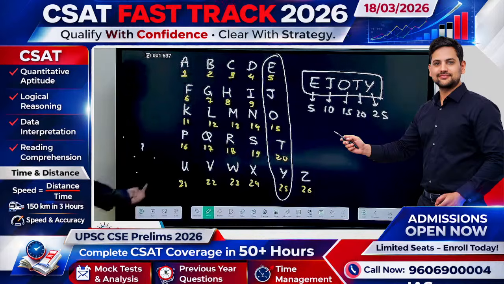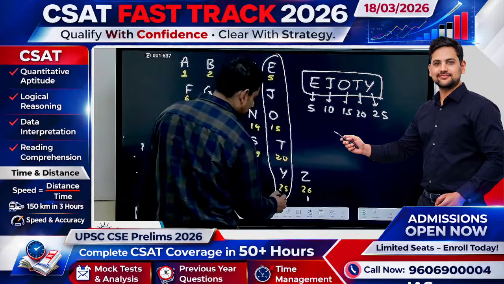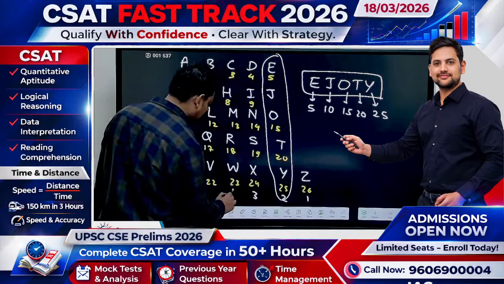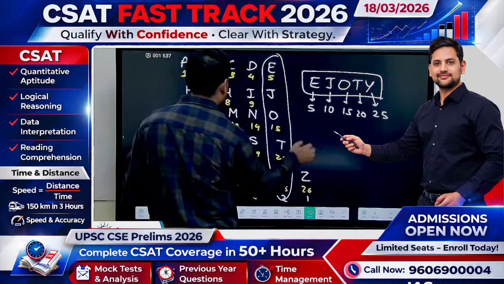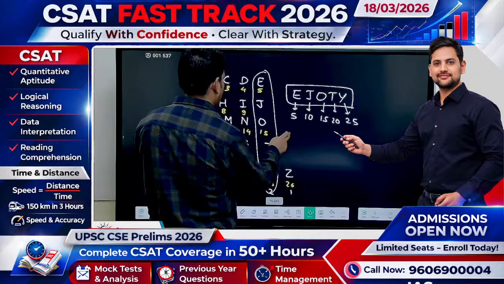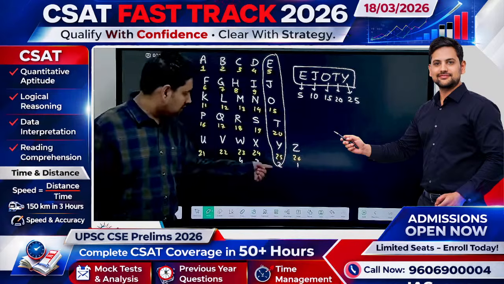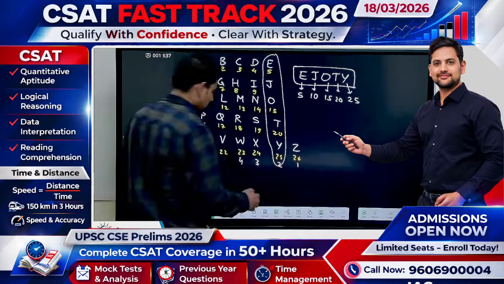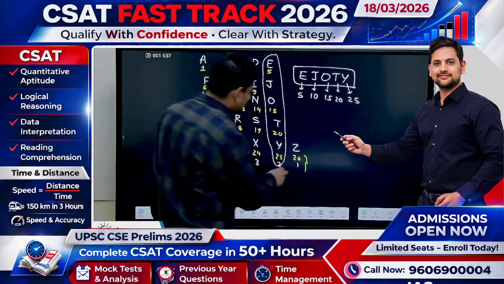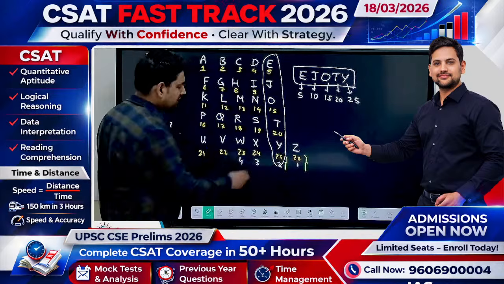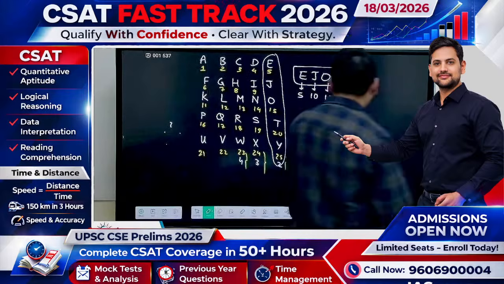Also, if you count it in the backward direction, this will be 1, this will be 2, this will be 3, this will be 4. Correct? Now, if you see here, 26 plus 1 makes 27. 25 plus 2 also makes 27. 24 plus 3, 23 plus 4, all will make sum 27.